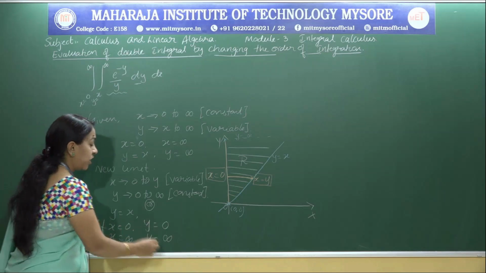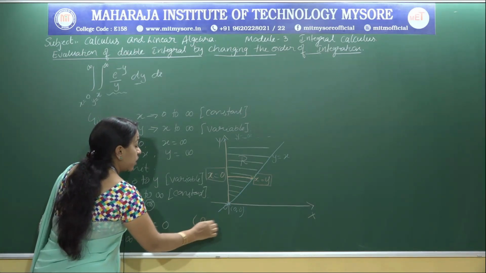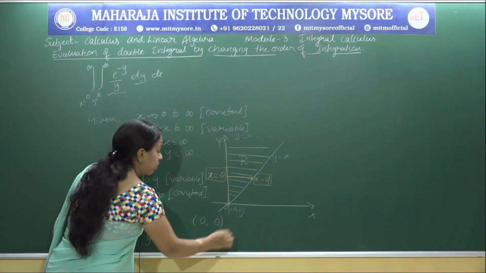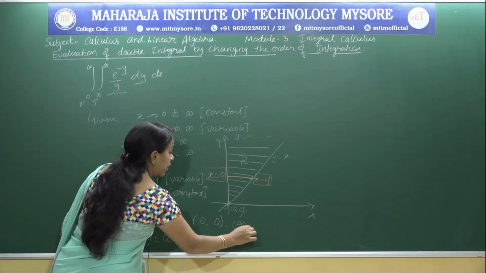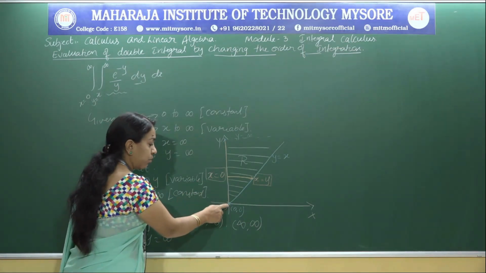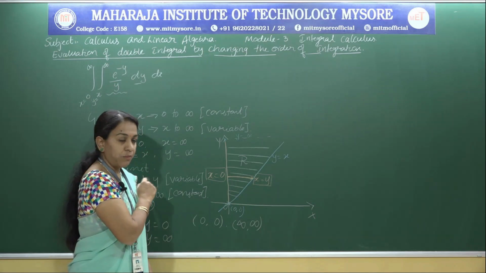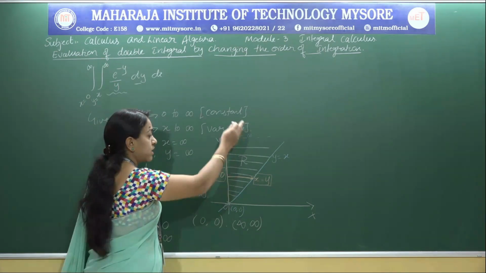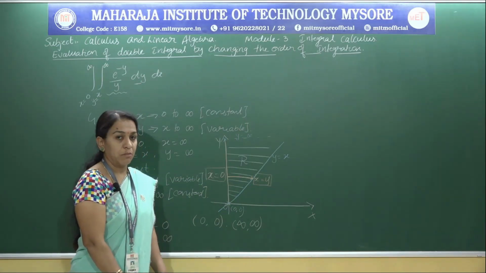So, the points of intersection are 0, 0, and one more point, infinity, infinity, right. I consider the point of intersection 0, 0. I do not know where I will get infinity, infinity; we will get it somewhere at an infinite point.